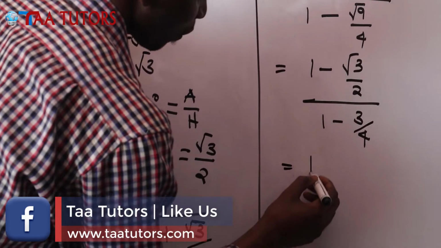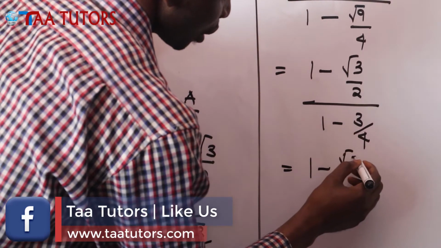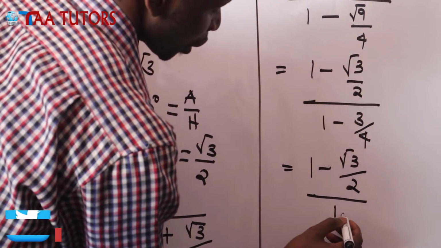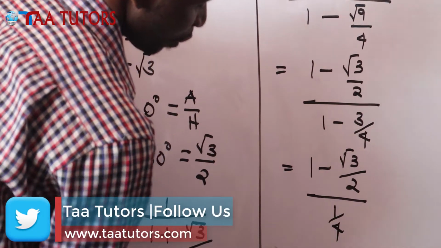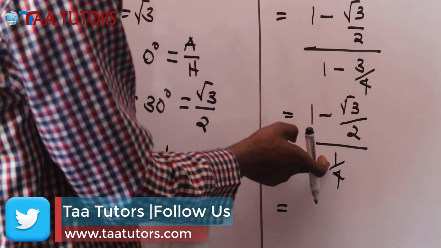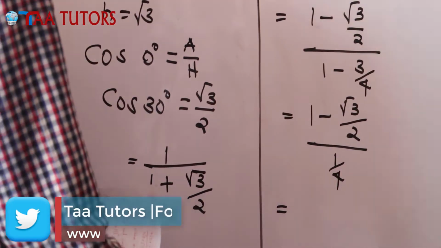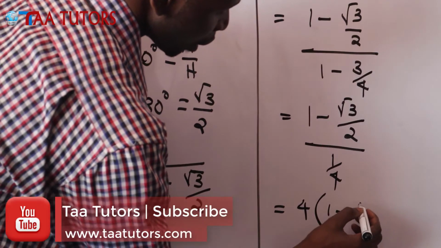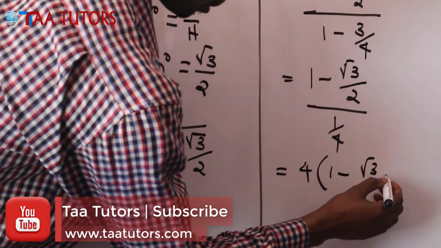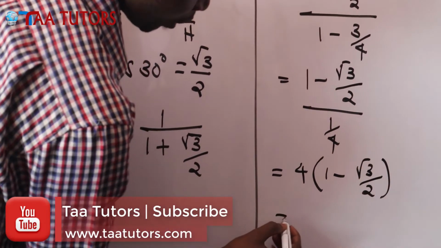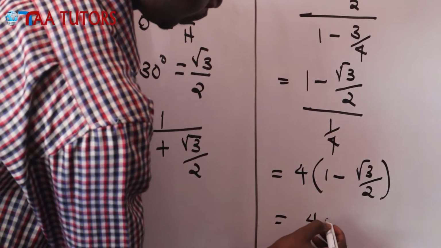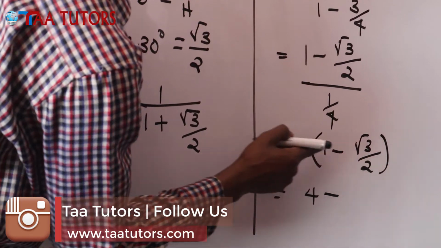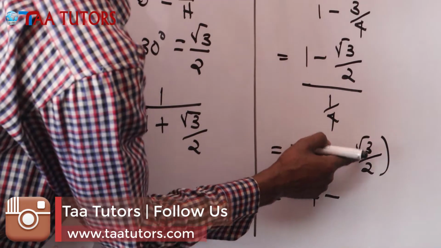And 1 minus 3 quarters is a quarter here. So I can multiply this number by the reciprocal of a quarter, which is 4. So this is the same as 4 times 1 minus Surd 3 over 2. If I open this bracket, I get 4 minus 4 times Surd 3 over 2.